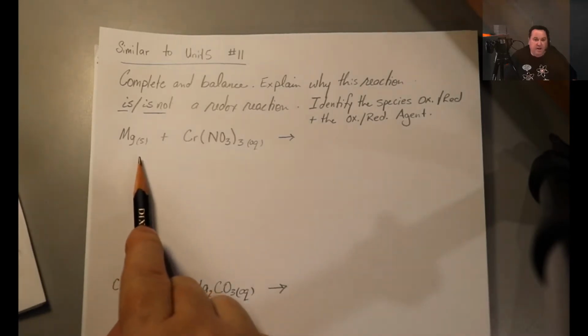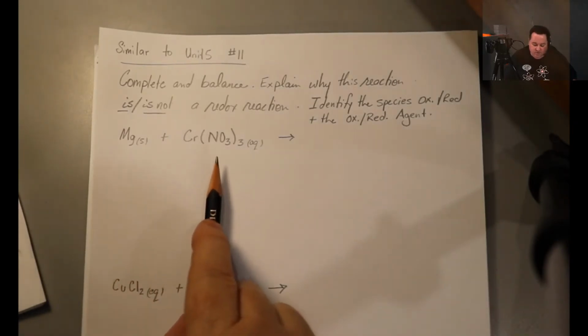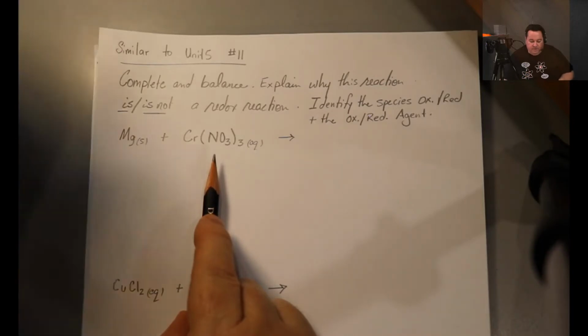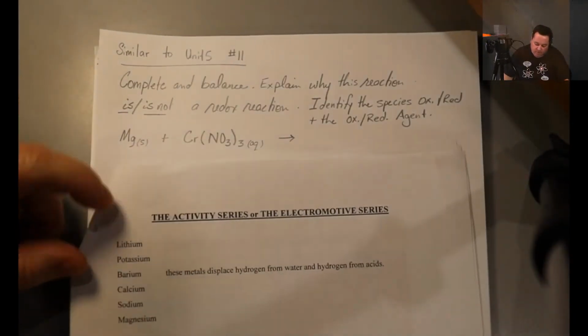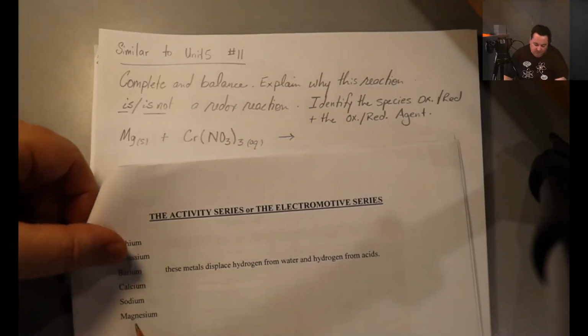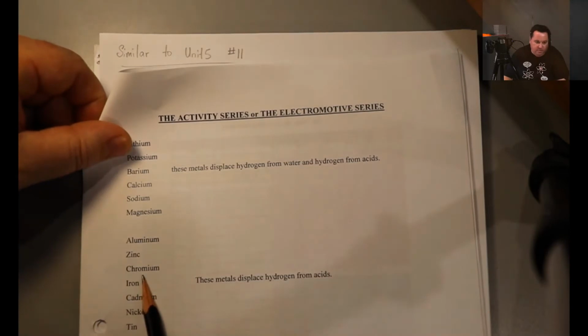So if you examine the reactants here, you should see that this is a potential single replacement reaction. In order for it to be a good reaction, magnesium would need to be above chromium on the activity series for metals. So here's magnesium and here's chromium. Because the free element is above the metal.